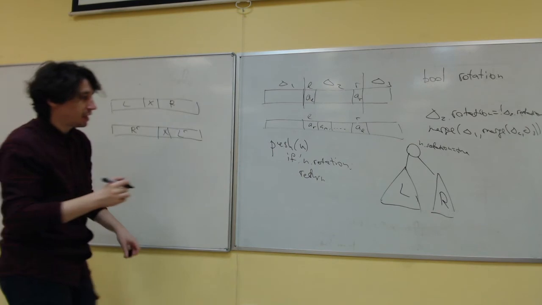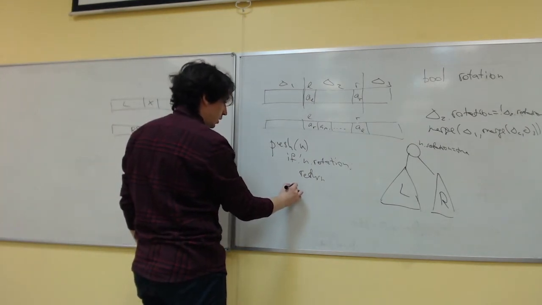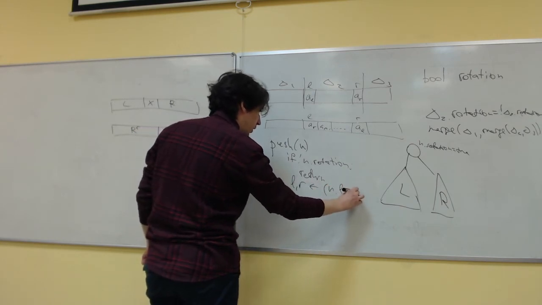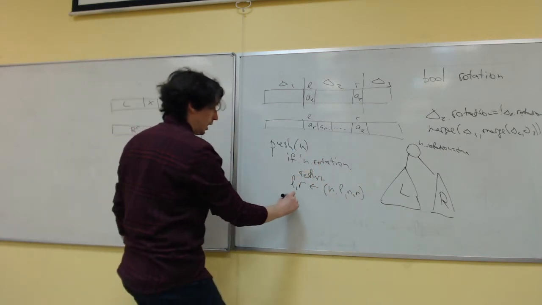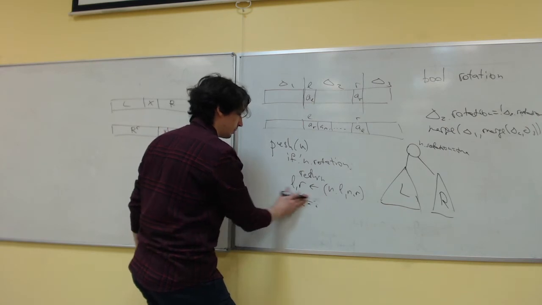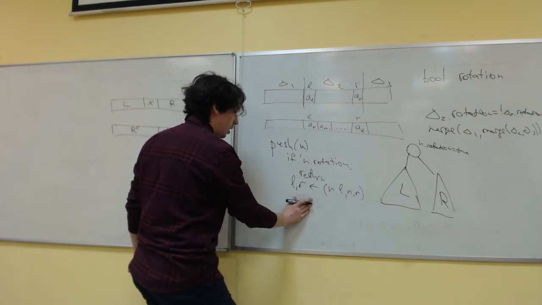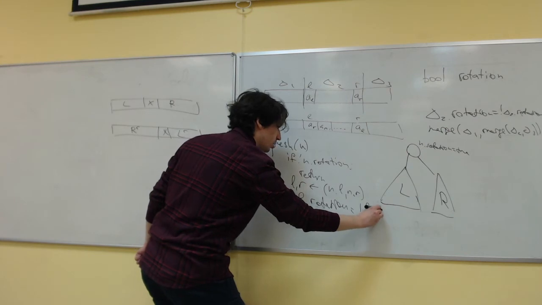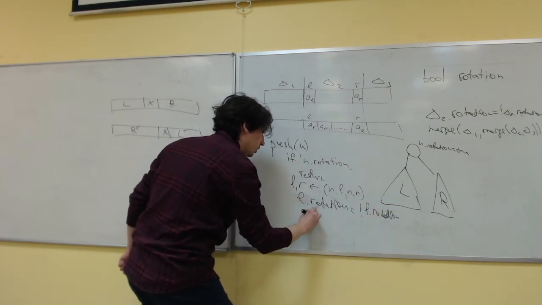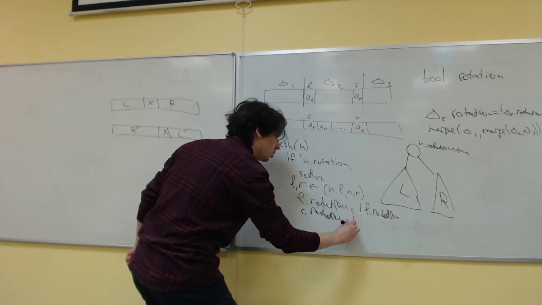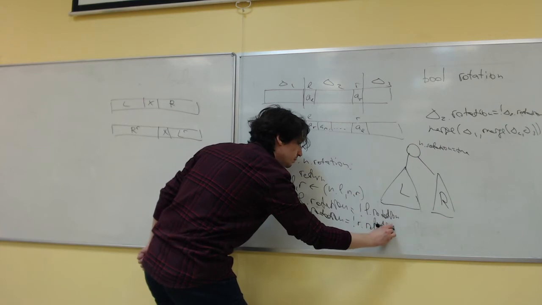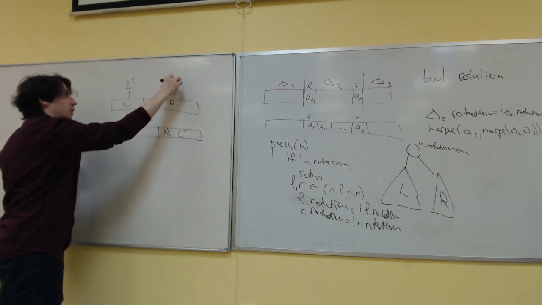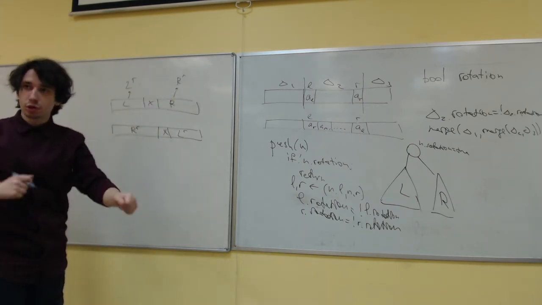So in your propagation, we save LR as n.l, n.r. We say L.rotation equals not L.rotation, R.rotation equals not R.rotation. So instead of L, you will now have LR and RR, and then you swap their order.